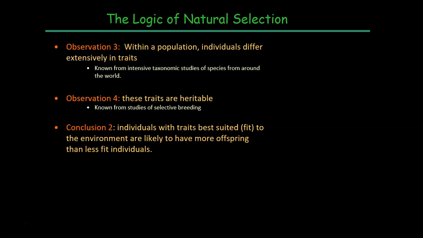In other words, within any population, because there's variation, some individuals are going to be really good at living in the environment and gathering resources and converting those resources into both survival, their own survival, and then reproduction. And that differential contribution to the next generation of offspring is what we're talking about here. Some individuals are going to have more offspring than others based on how well suited they are to the environment.